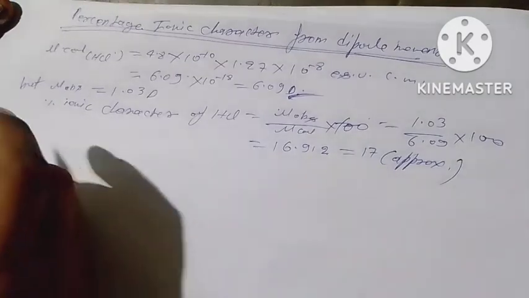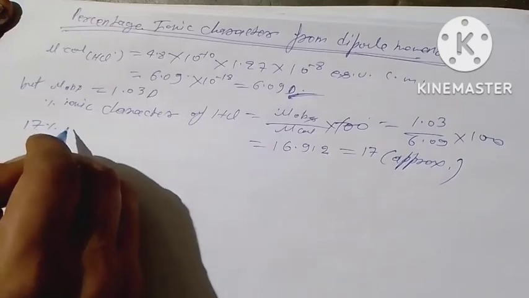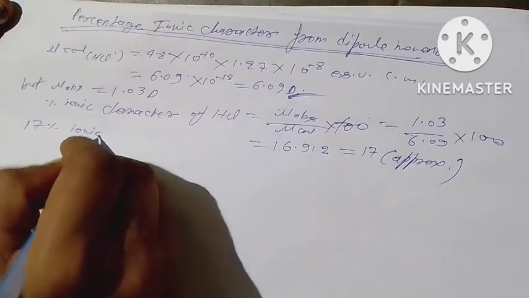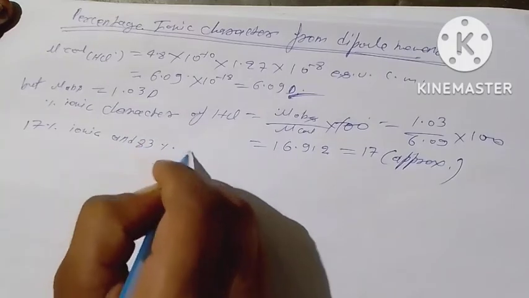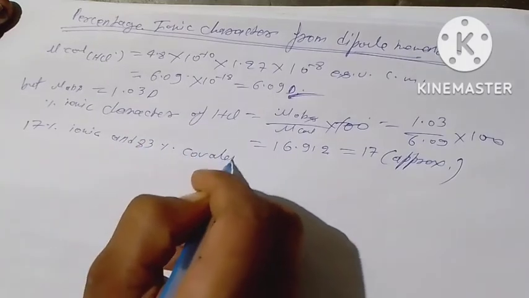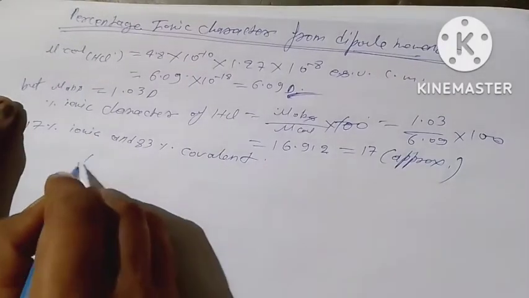Hence HCl is 17% ionic and 83% covalent.